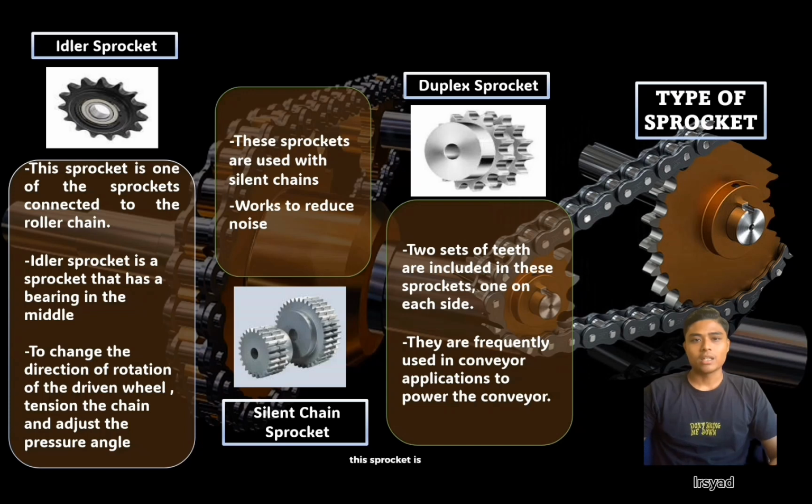This sprocket is often used in conveyor applications to move the load. One of the main benefits of a standard duplex chain sprocket is its exceptional strength and durability due to having 2 sets of sprocket teeth.